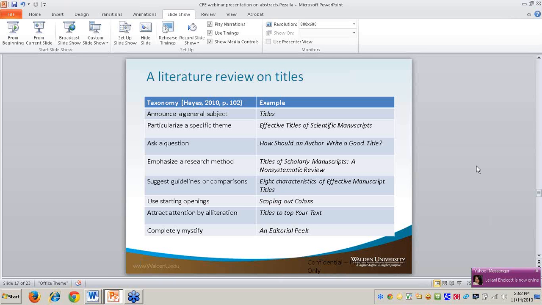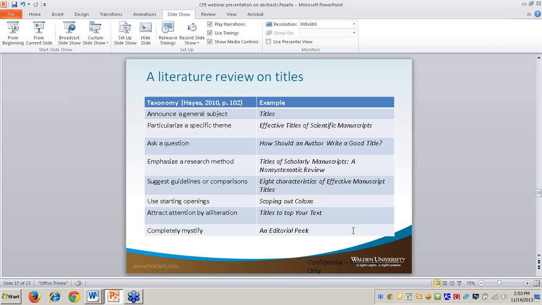I did a quick literature review on titles just to see the taxonomy of titles that are out there, how they've been classified in the past. And this is my silly application: all of the examples I provide in the right column, applied to all of the various taxonomies of titles on the left. You'll probably see that some of these types of titles are a little bit rare, like attracting attention by alliteration, or those that completely mystify.